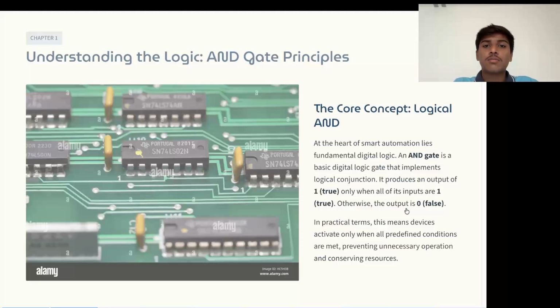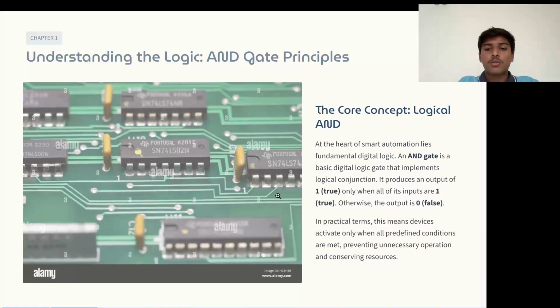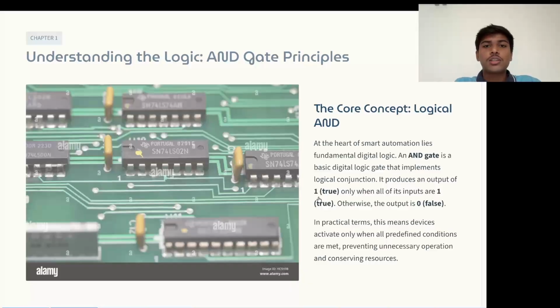The basic gate of this system is the AND gate, which implements logical conjunction. If all conditions are satisfied and true, it will give output 1, otherwise the output is 0, equal to false.